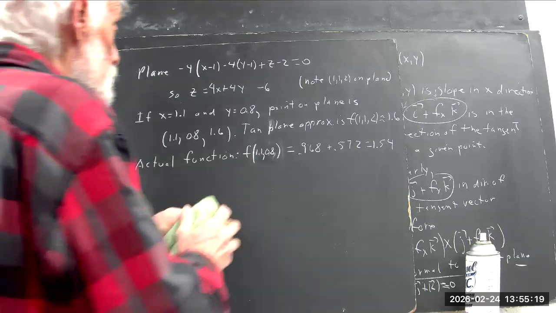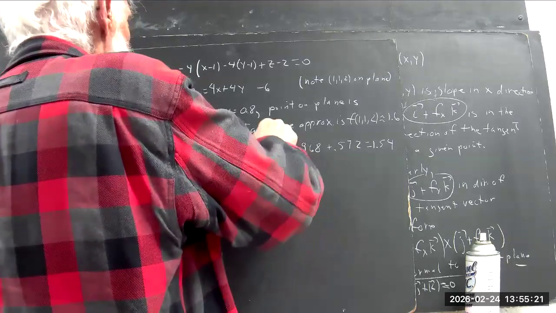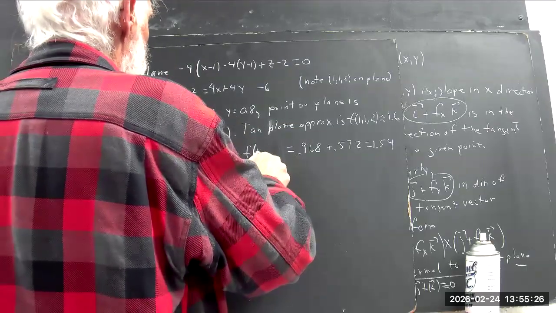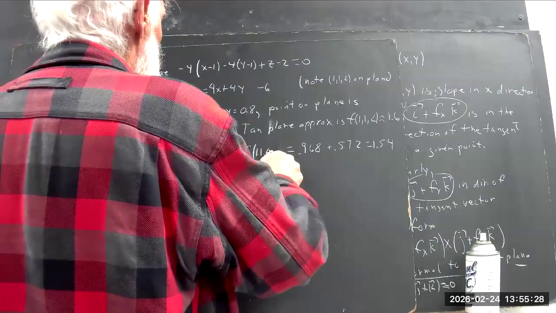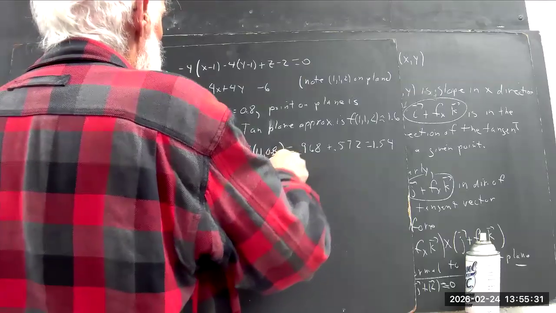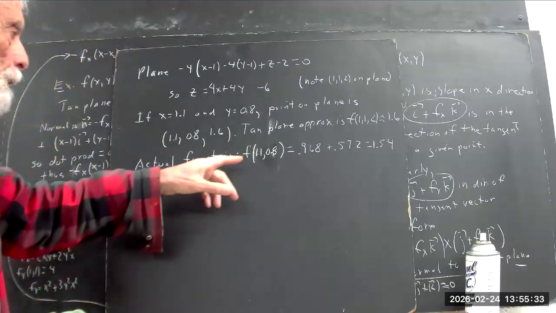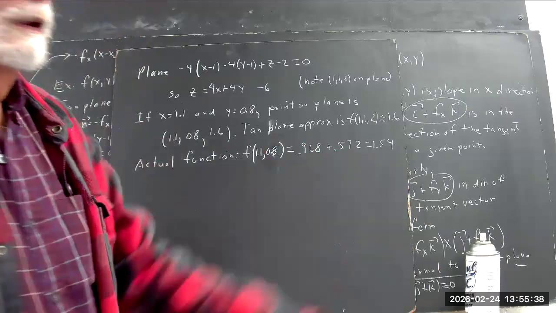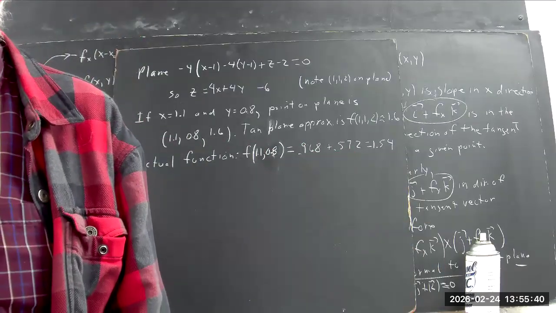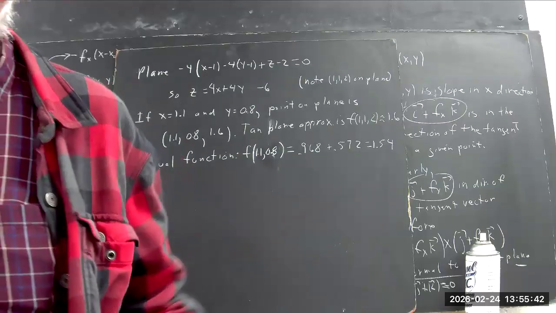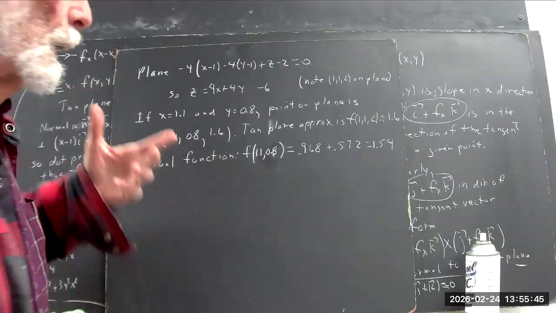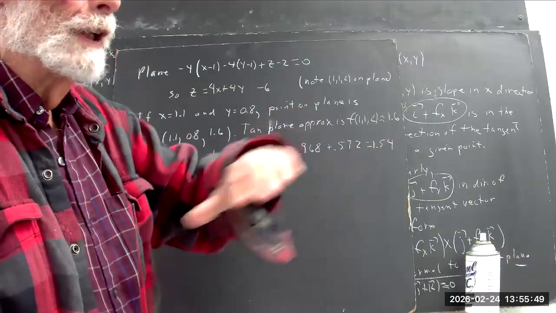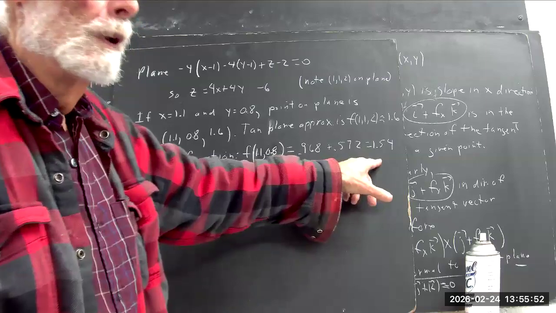Okay, f of 1.1, 0.8. If I did my arithmetic correctly, comes out 1.54. If I didn't, you can correct it, but I'm not far off. So that our tangent line is at 1.6. Our tangent line is above the actual surface.